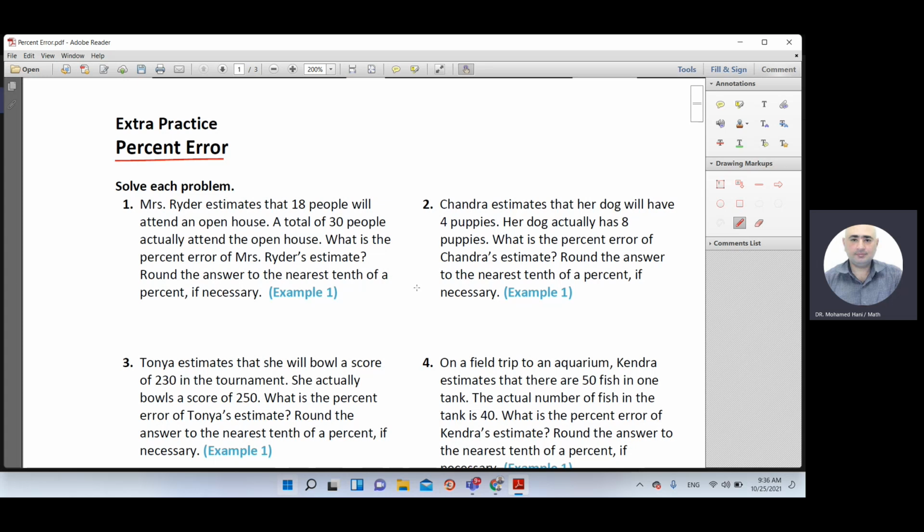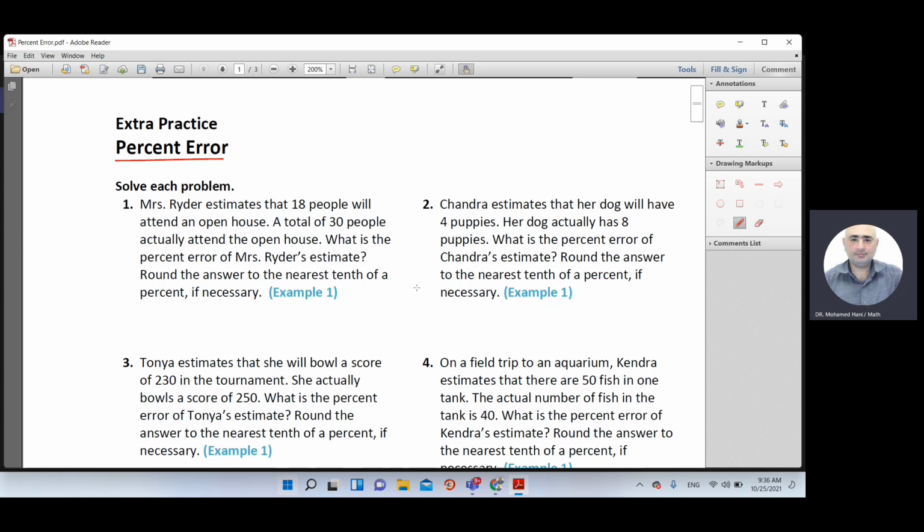So the two values are not exactly the same. Why? Because we have error. So today we want to learn how to solve the error and the percent of error.